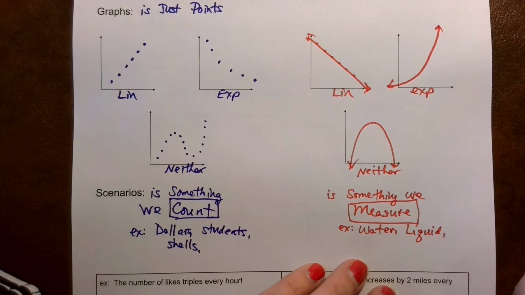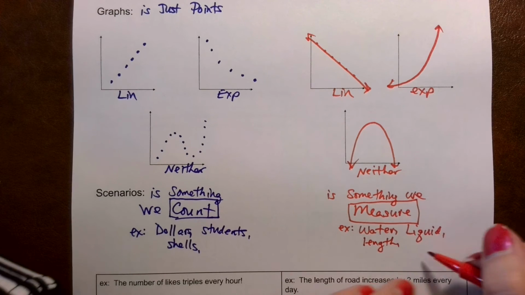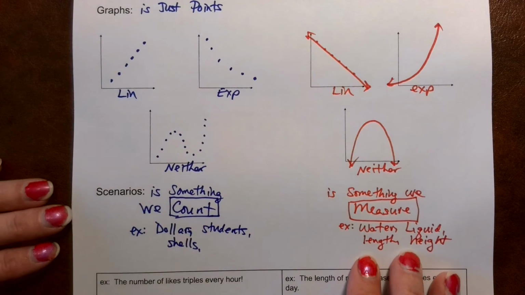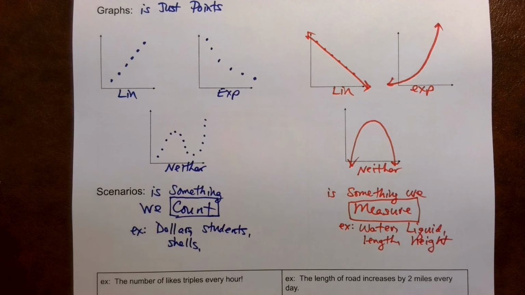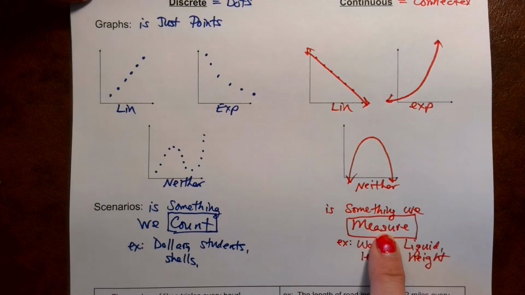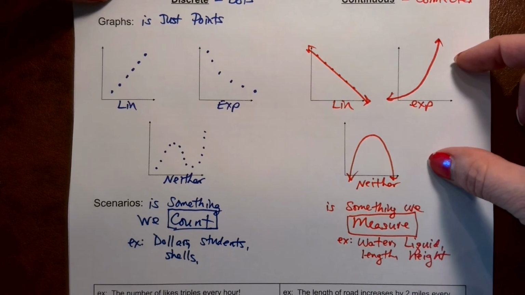Maybe you measure with a ruler. You measure something in terms of its length, or you measure its height. If it's something you measure, it's considered continuous. And when you're giving your reasons, if I give you a story, say because it's something we measure. Don't say because of the graph. If you see a graph, talk about the graph.